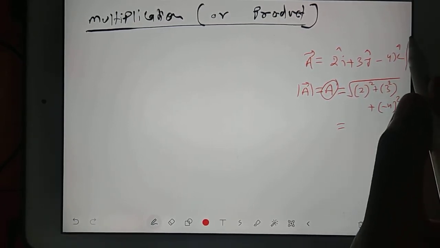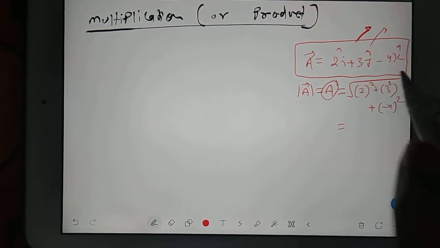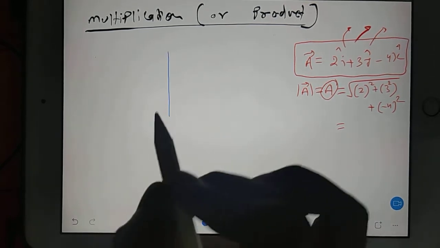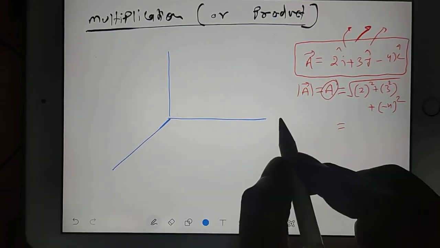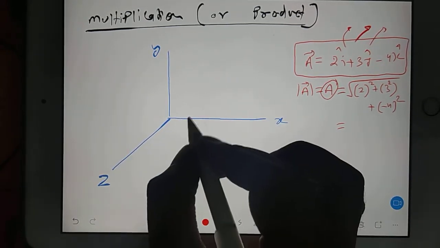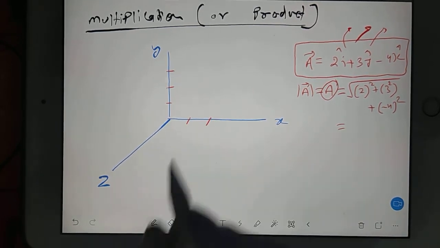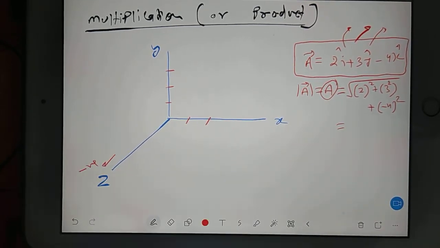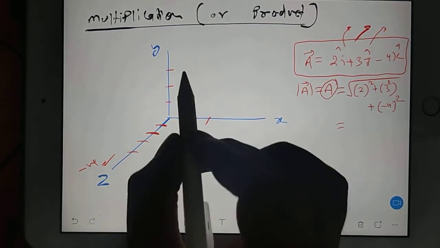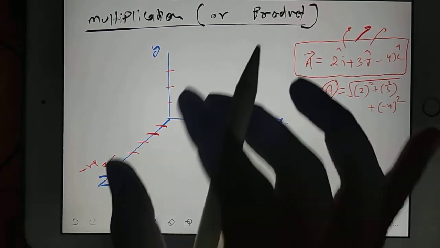If you want to analyze the direction of this vector in 3D, you have to think about where this vector is pointing out. Just imagine this vector. Suppose this is the x-axis, this is the y-axis, and this is the z-axis. Cut two units here, and cut 3 units here, and suppose this is the negative direction for z, so cut 4 units here. Now you have to come to the 3D space, because it will come out of the screen.